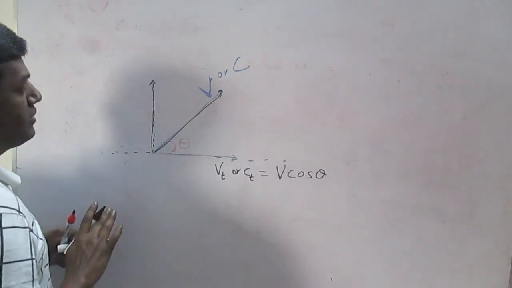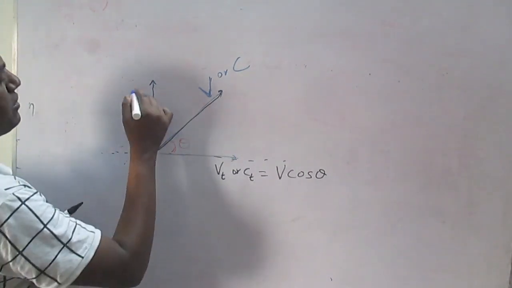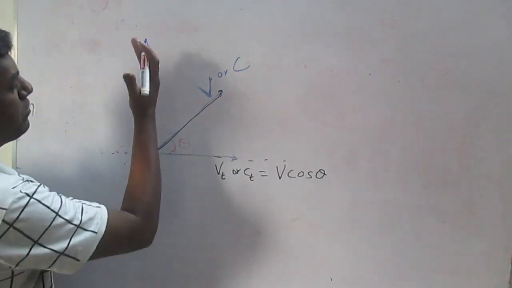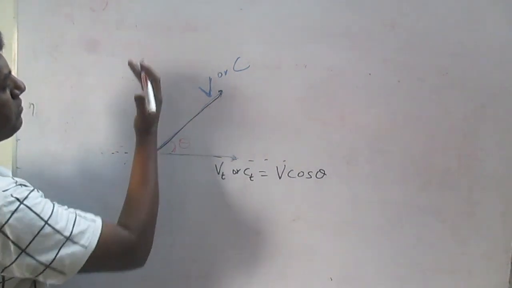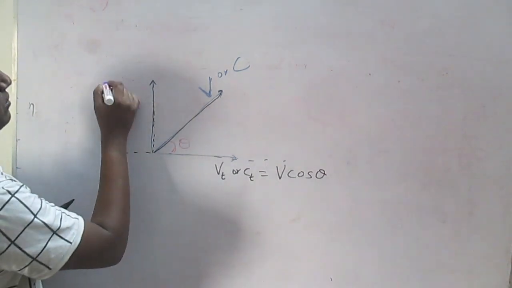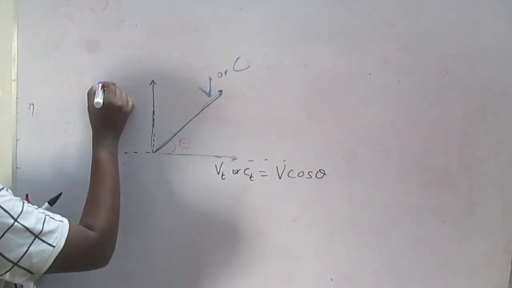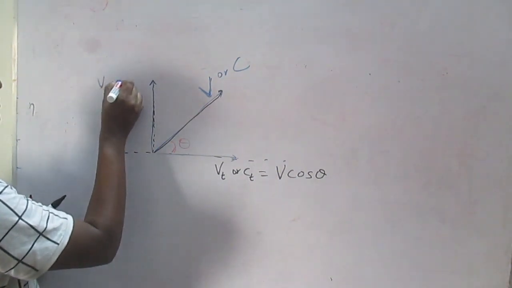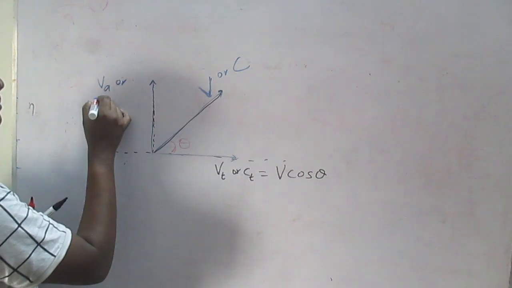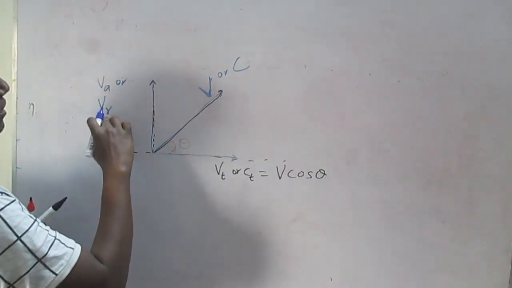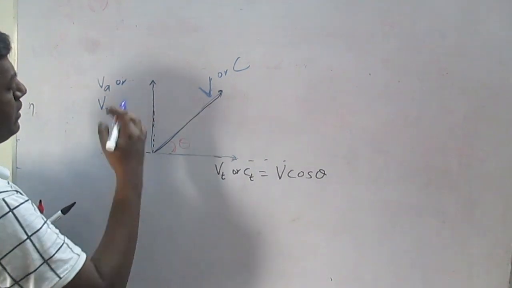Similarly, the vertical component is the axial component, radial component, or flow velocity. It can be VA for axial, or VR for radial, but we should not confuse it with the relative term.